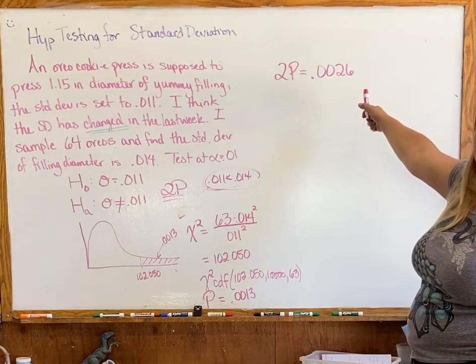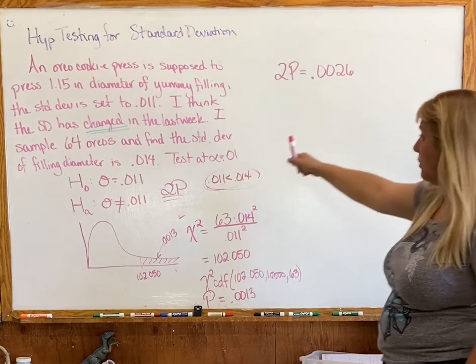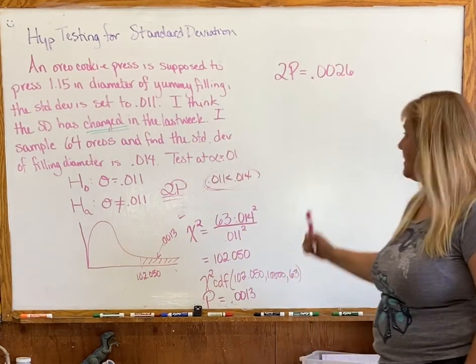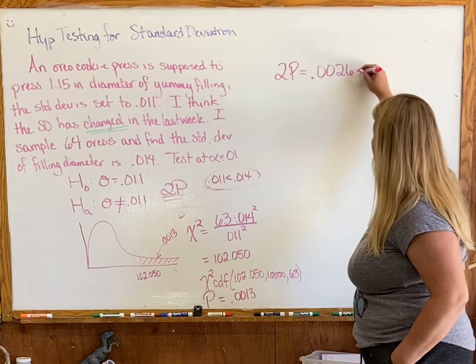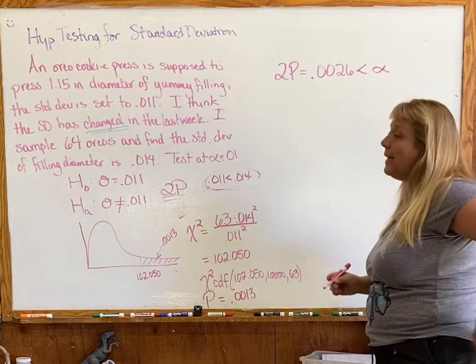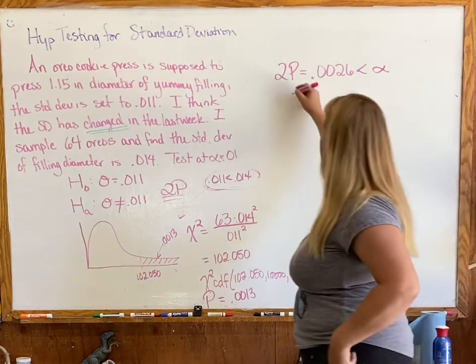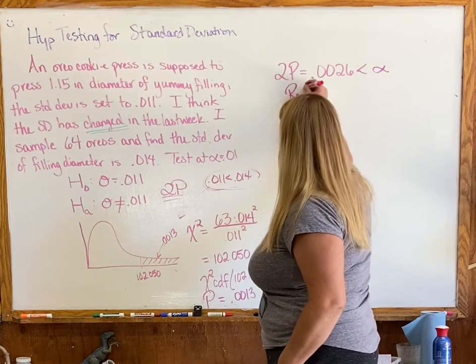Now, luckily that's teeny, isn't it? Remember, we're allowed a 1% chance. We definitely came in under that. So our 2p is less than alpha, which means we get to reject the null.